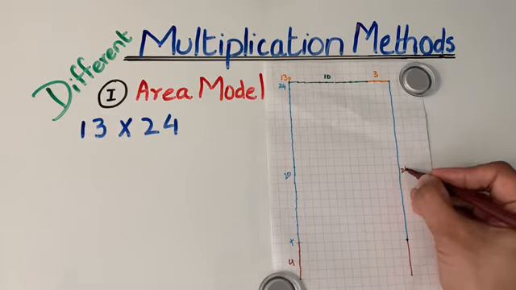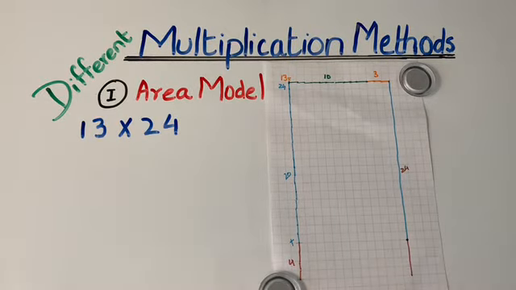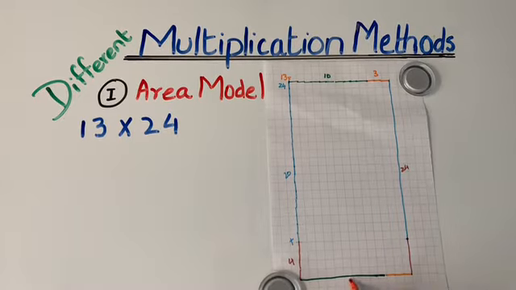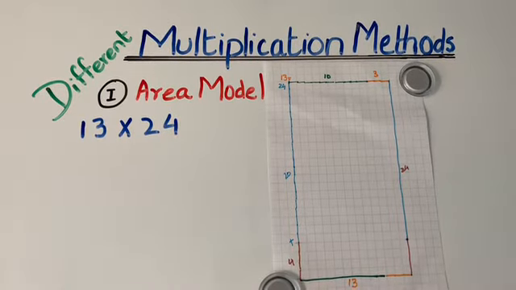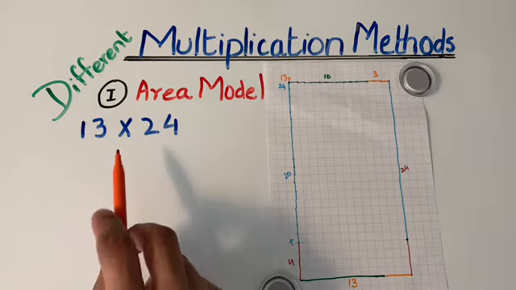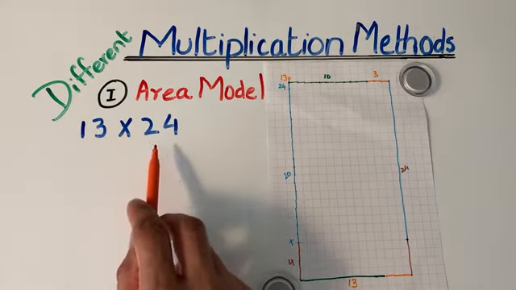So I'm going to write 24 here. Now the width of the rectangle is 10, and 1, 2, 3. So the width is 13. So the area of this rectangle will be 13 times 24.